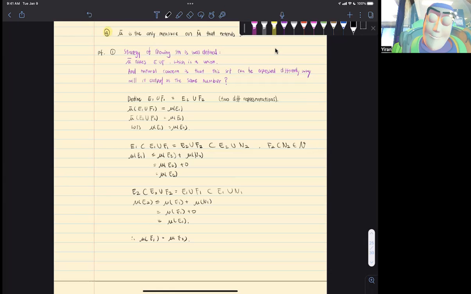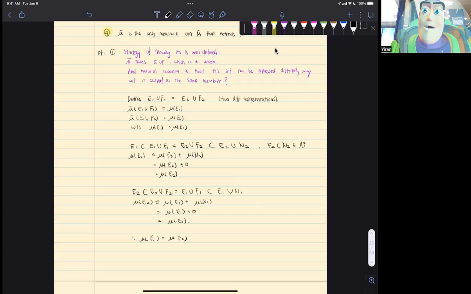Complete means the domain of mu bar, the measure corresponding to the measure space M bar, includes every subset of null sets of M bar. Okay, so how do we prove this?